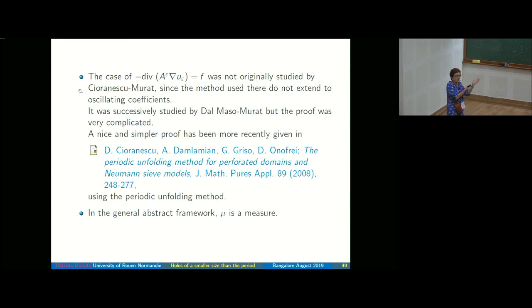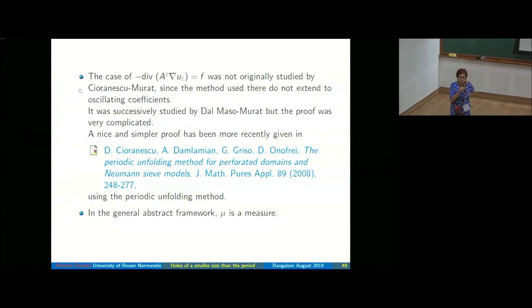And if you use the test functions for oscillating coefficients, they are not adapted for the small holes. Okay, so a long time after, there was a Russian, I forgot the name, probably Skripnik, but I'm not sure, who proved the result for this case long time after.